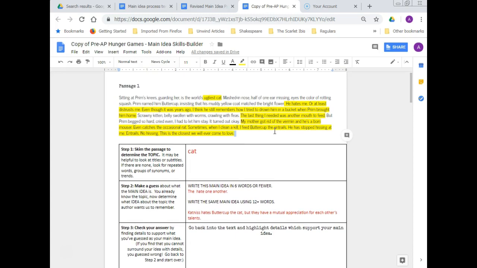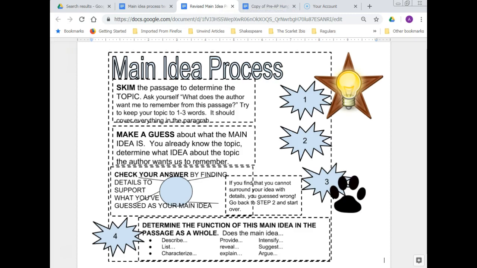This particular worksheet doesn't ask us to do step 4, but if we go back to step 4 and we're trying to determine the function of this main idea or passage as a whole, to me, this describes Katniss's relationship with this cat, which isn't that important, right? If you know the Hunger Games, you know the cat is not like this huge main character or anything. But I would say it reveals Katniss's character and shows that she's very pragmatic.